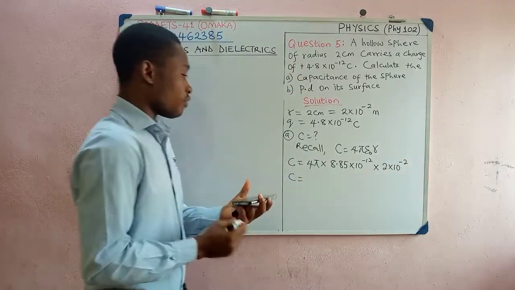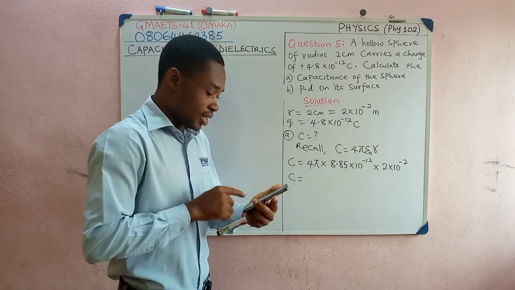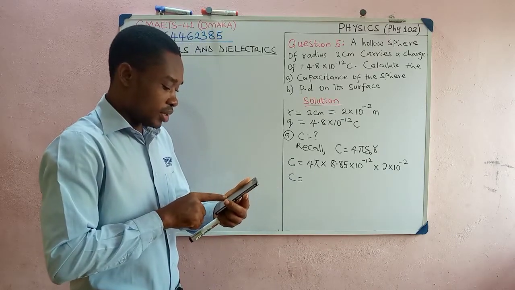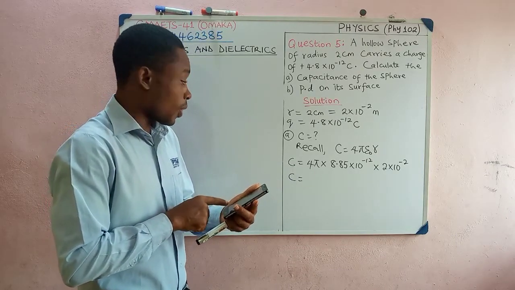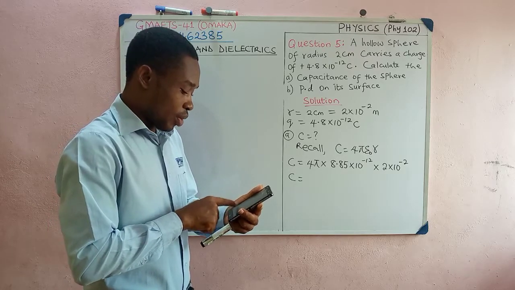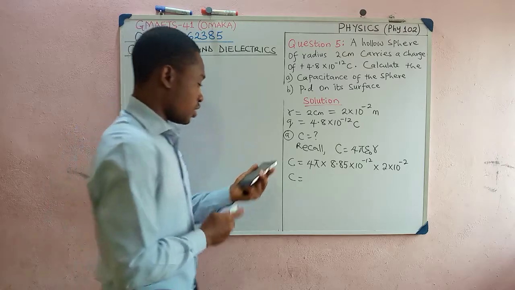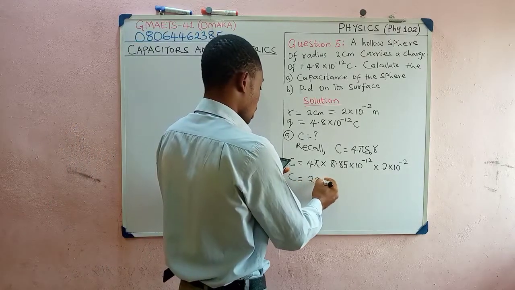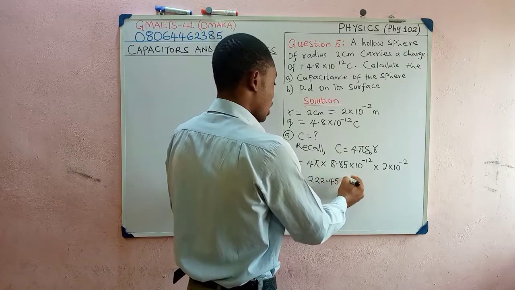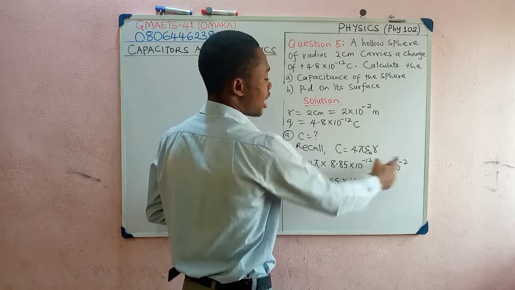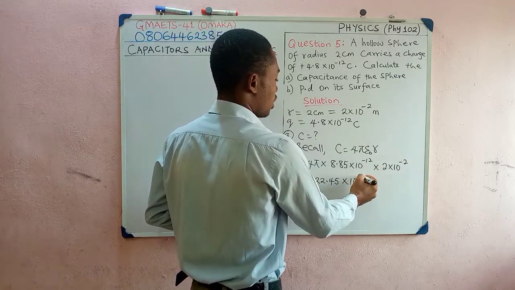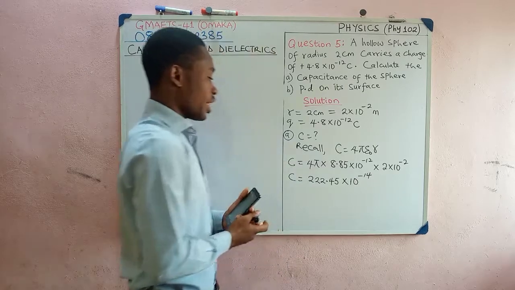Now if you solve this out, 4 times 3.142, multiplied by 8.85, then multiplied by 2, it's giving me 222.45, then times 10 raised to the power, adding the powers of 10 here, minus 14.